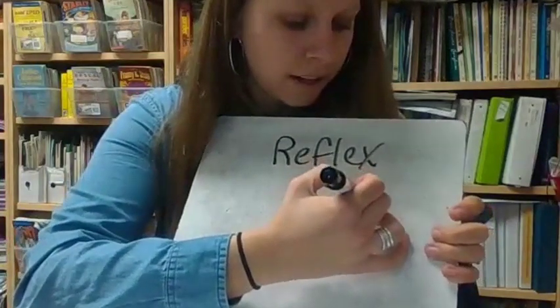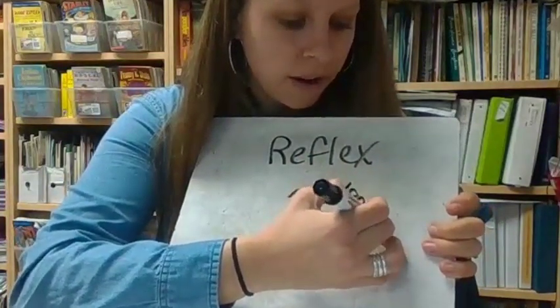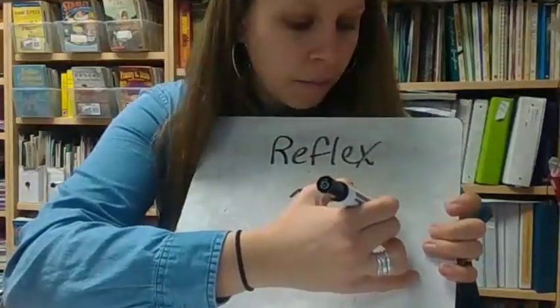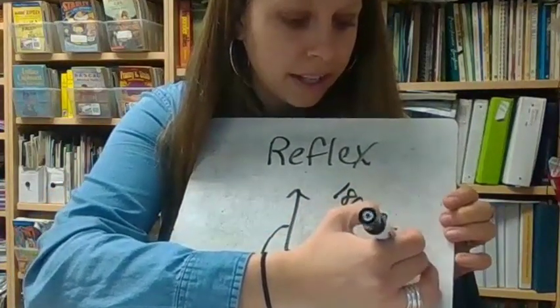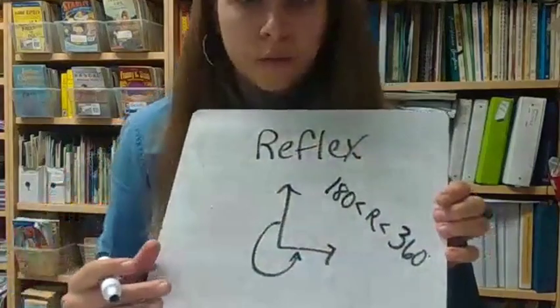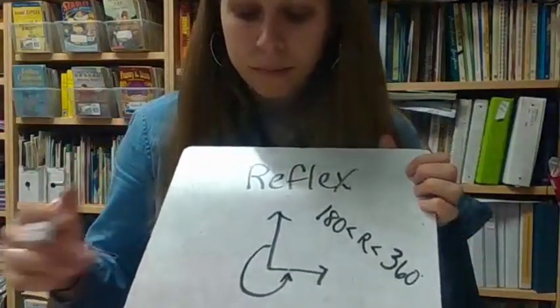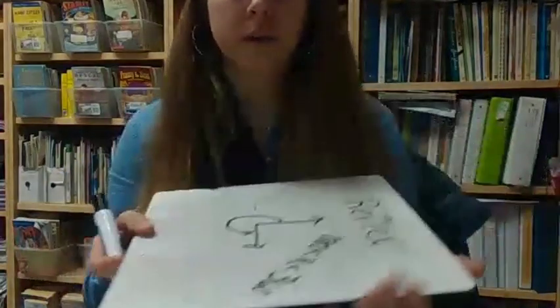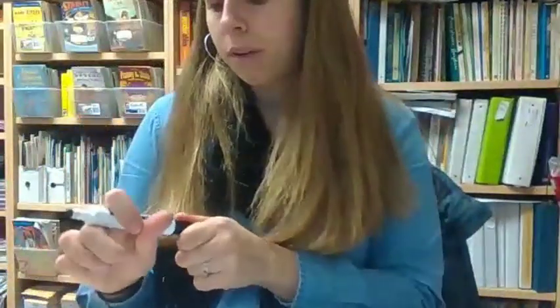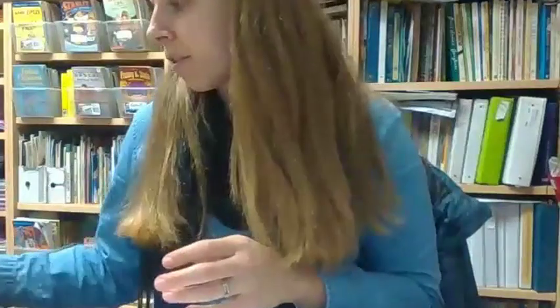So we're talking about something that is greater than 180, but it's going to be less than 360, okay, or up to 360. So our reflex angle can be anything that is bigger than our straight angle, okay, and that goes with our 3/4 turn most often.